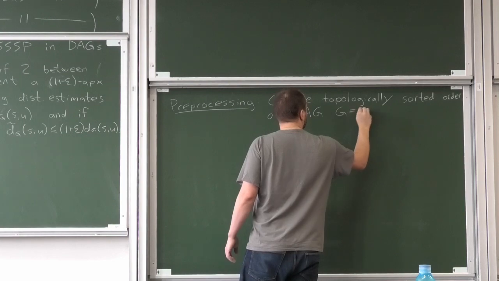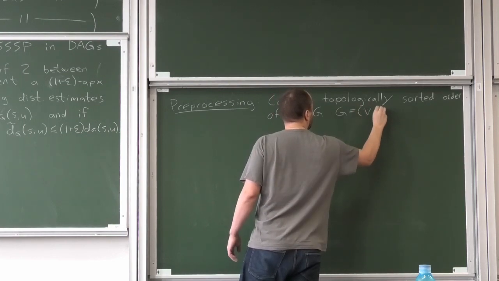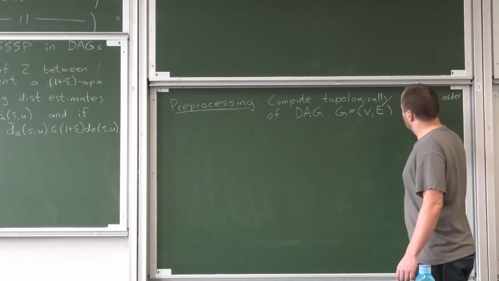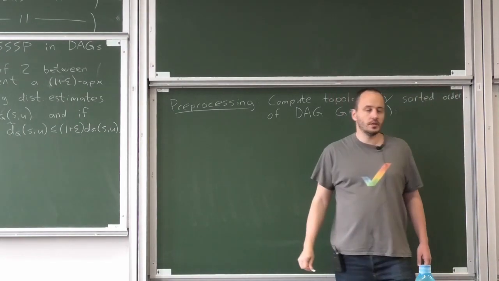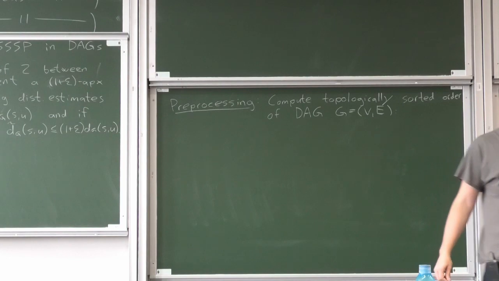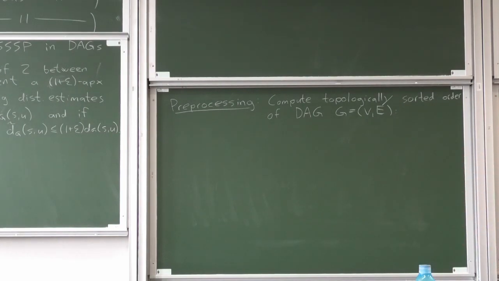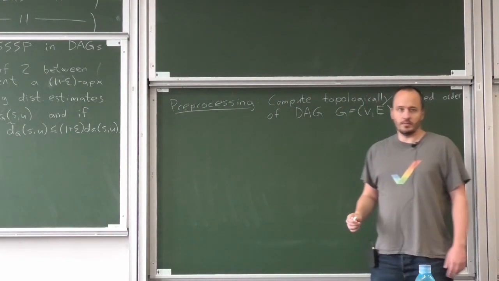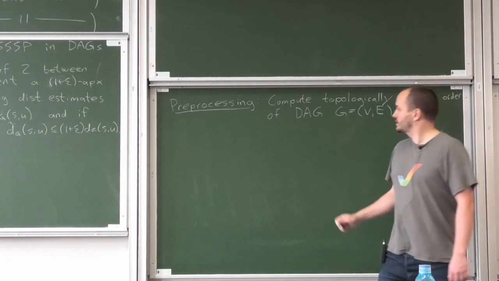Let's call it DAG G = (V, E). You all know what a topologically sorted order is, and you know that a DAG has such an ordering. It can also be found in linear time, so this will not be a bottleneck in the running time. I haven't mentioned what the running time is yet, but we cannot beat linear, so this is fine.